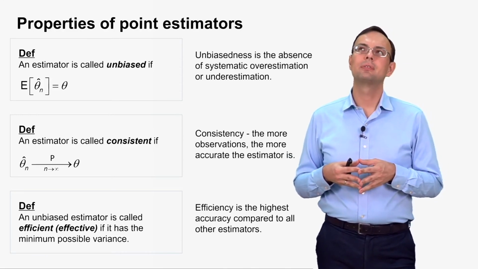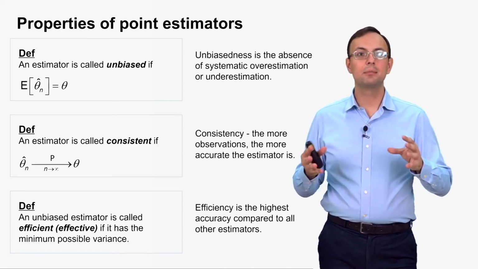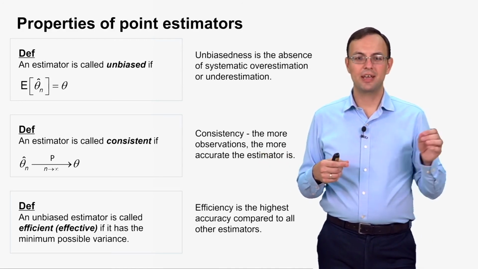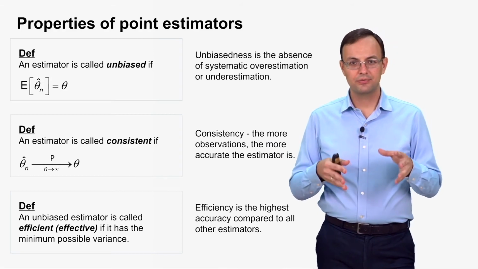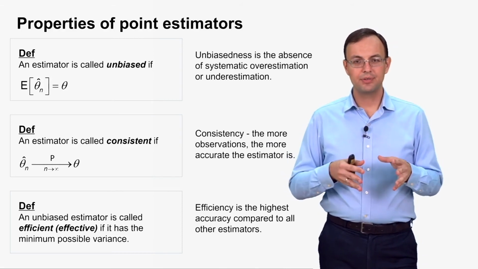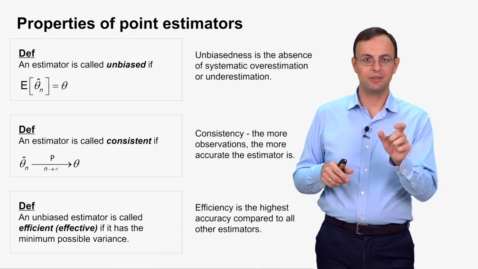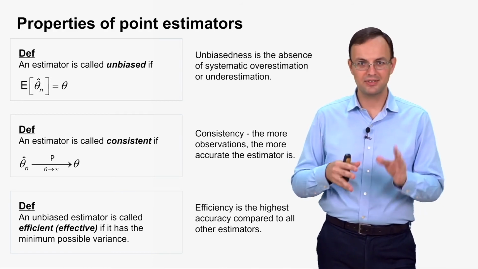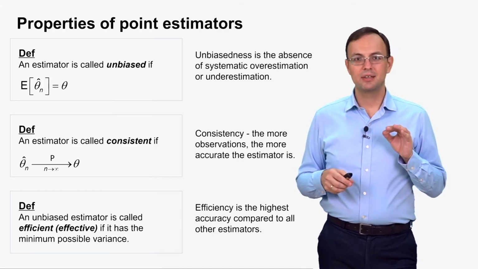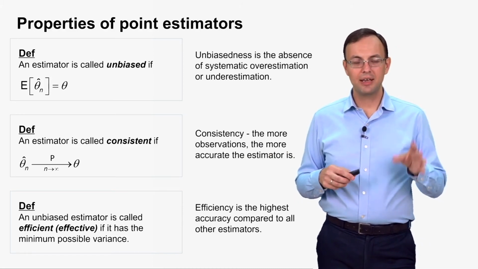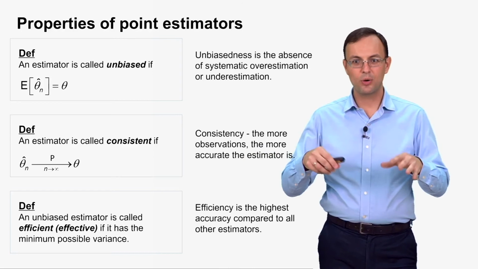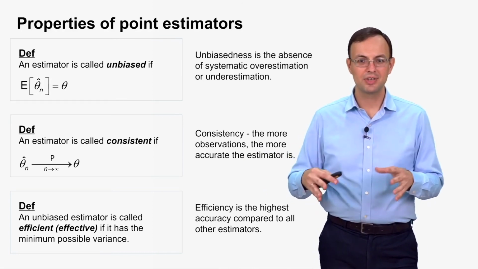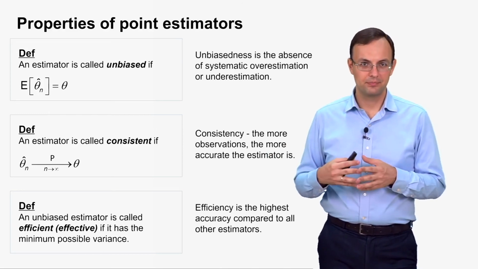Let me just give you an example. Let's imagine an ideal bus line, such that buses depart from the bus stop every 5 minutes. So the interval between buses is fixed. Let's imagine that you have the bus stop of such an ideal bus line near your house, but you don't know the interval.